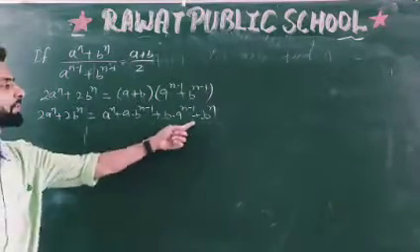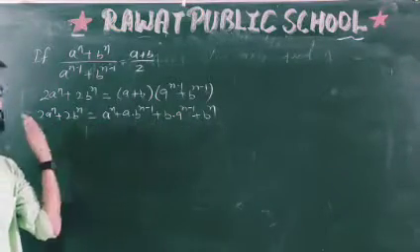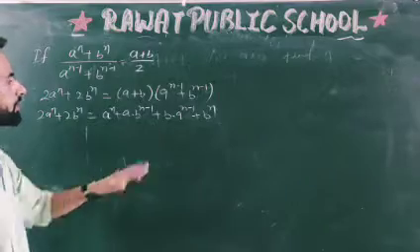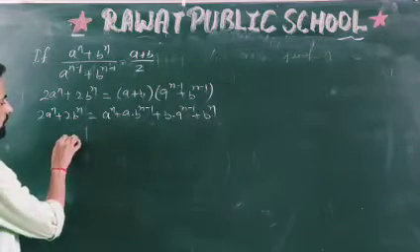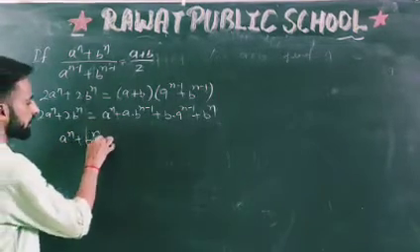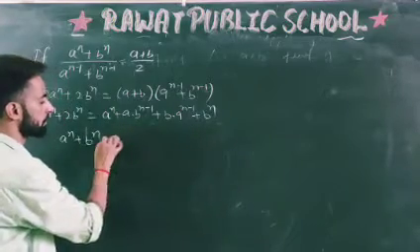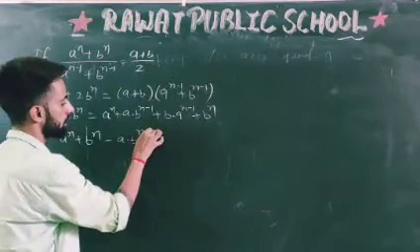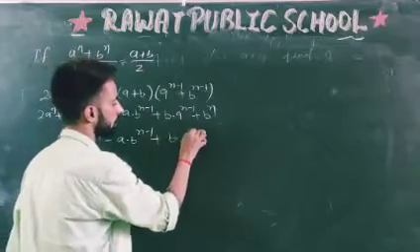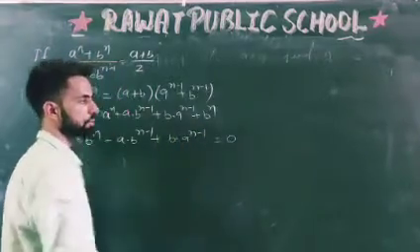Now here a^n and b^n, 2a^n, 2b^n, when I am shifting that side, one b^n and a^n will be cancelled. So I have a^n + b^n, and taking these two terms to the left hand side, a·b^(n-1) + b·a^(n-1) - a^n - b^n is equal to 0.